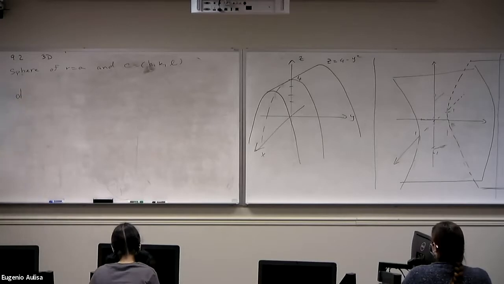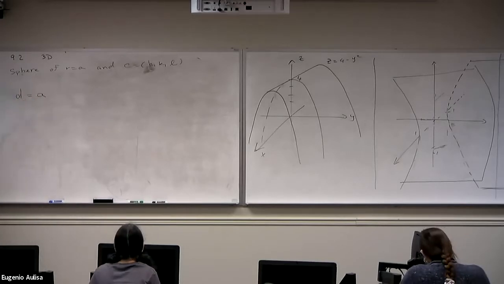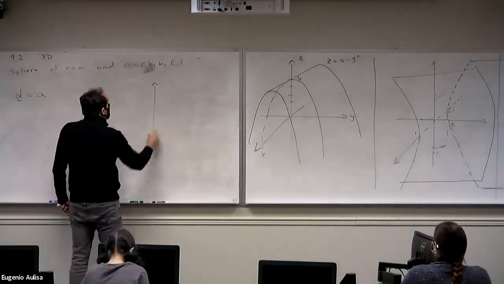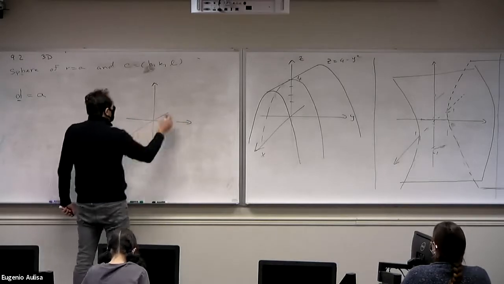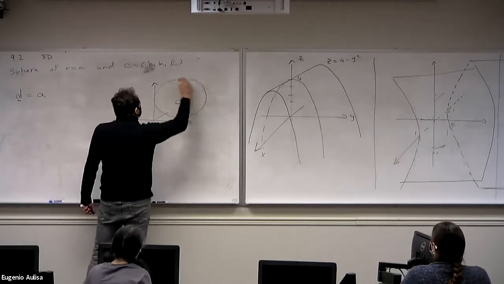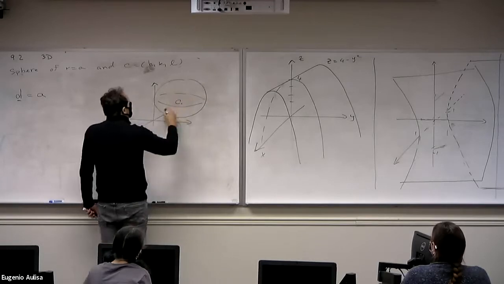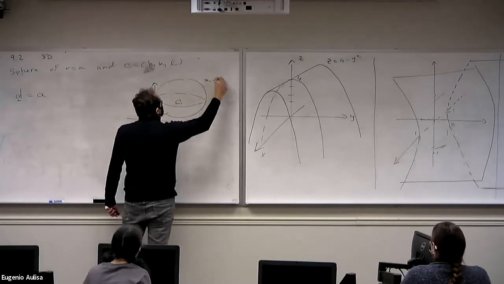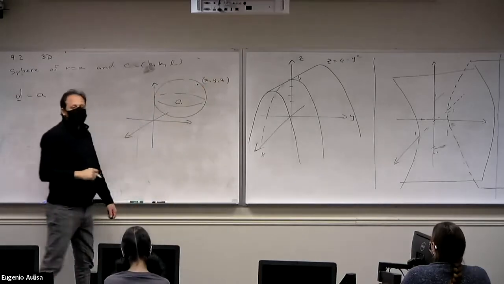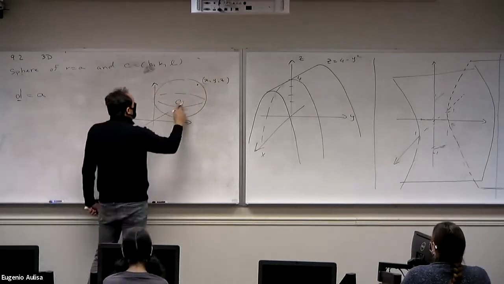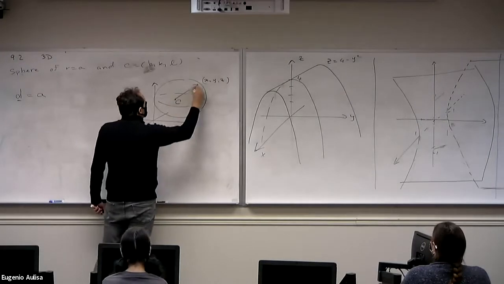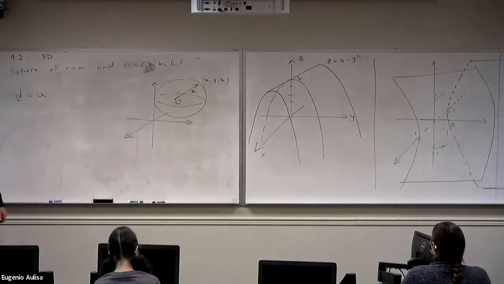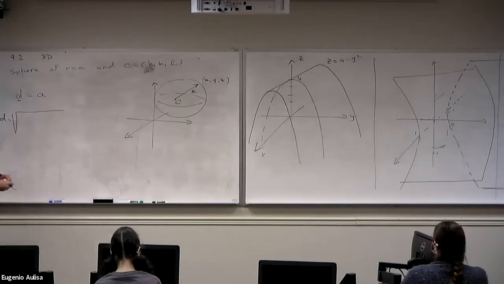Distance equals a. What is the distance formula between any point x, y, z on the surface of the sphere and the center C of coordinates h, k, l? The distance formula is the square root of what?